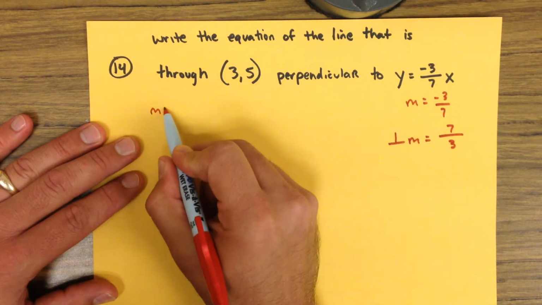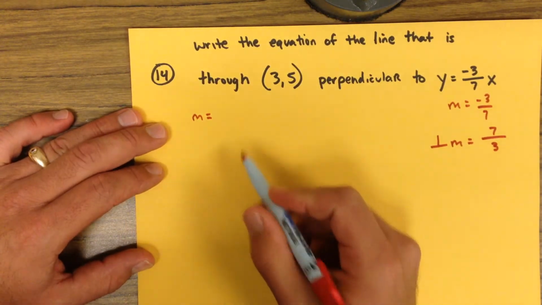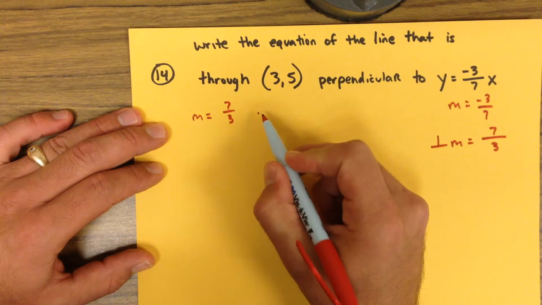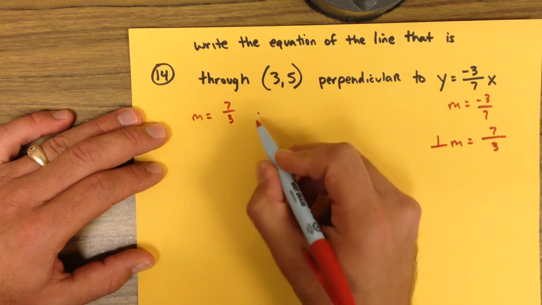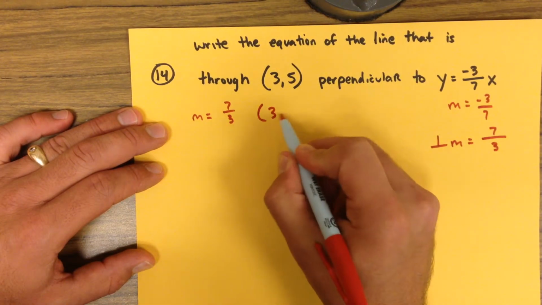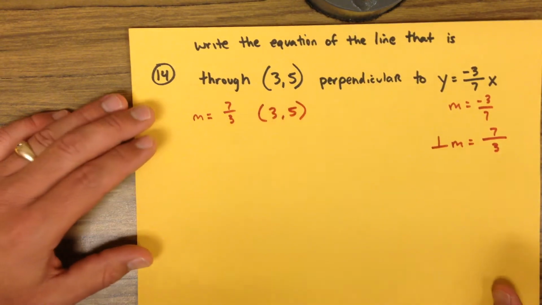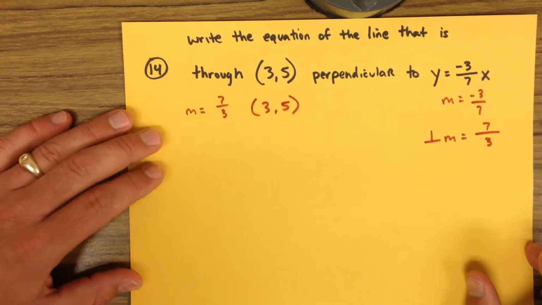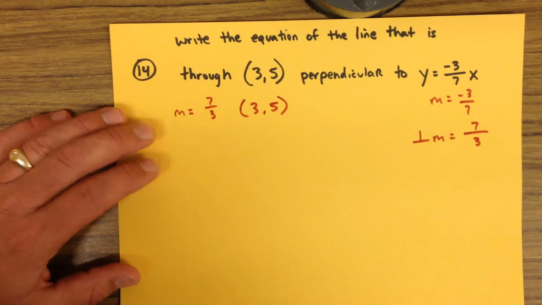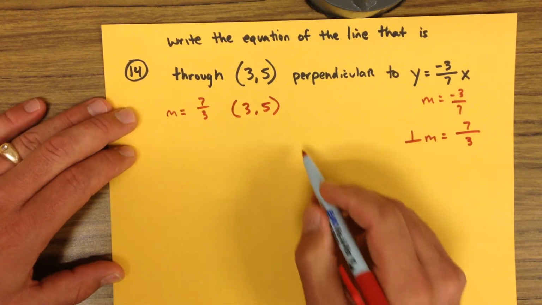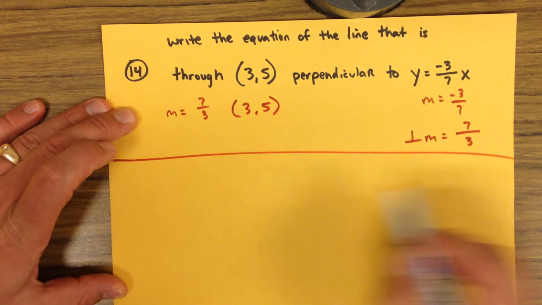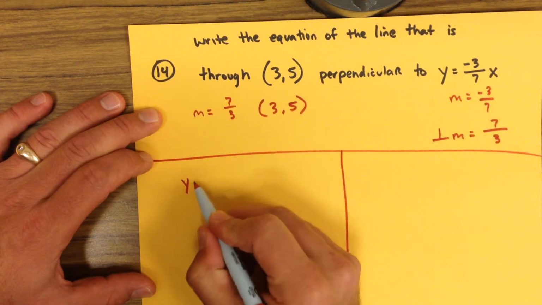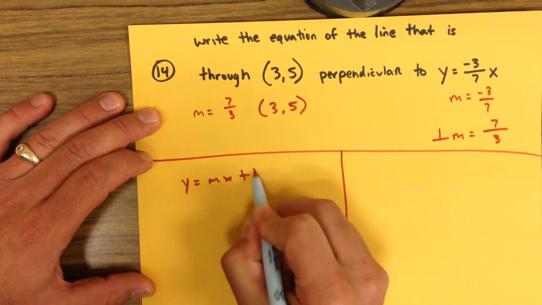So I need to write an equation of a line that has a slope of 7/3 and goes through the point (3, 5). So I can show this both ways. Again, here we go. y equals mx plus b.